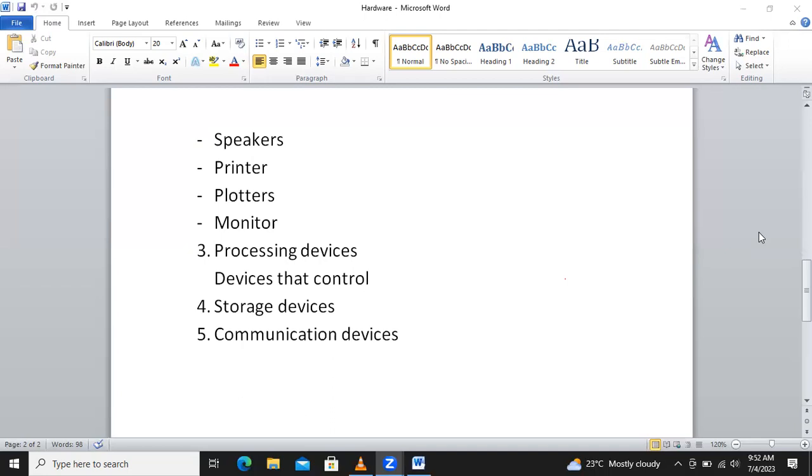Now, processing hardware, or processing devices, are those devices that interpret and manipulate data.